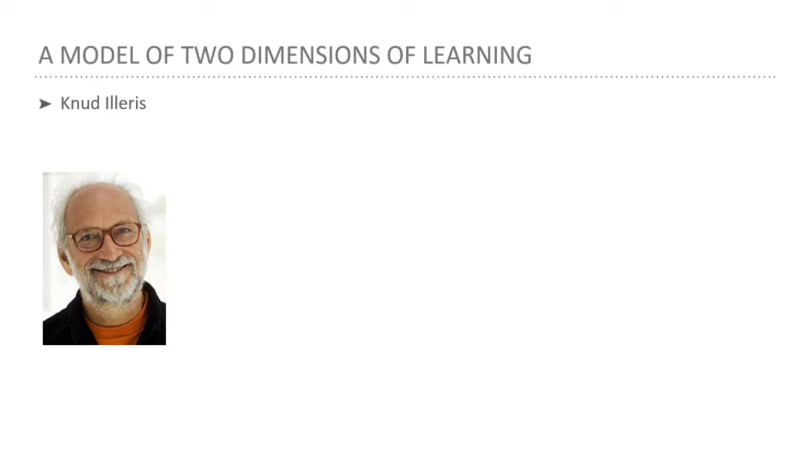There are kind of two oppositional tensions which he puts across two different axes of a model. First up, we have the dimension of interaction. So for Knud, learning involves some kind of interaction between an individual and their environment. And the individual and their environment can be seen as being in some sort of tension.